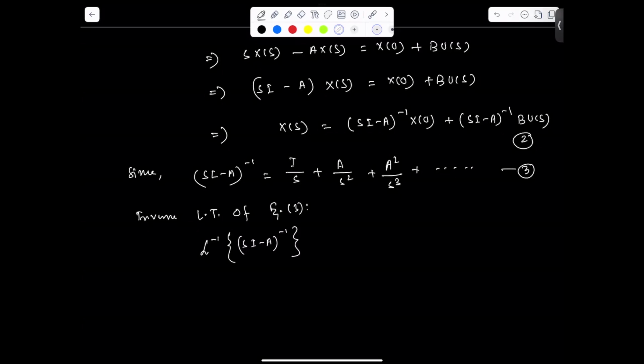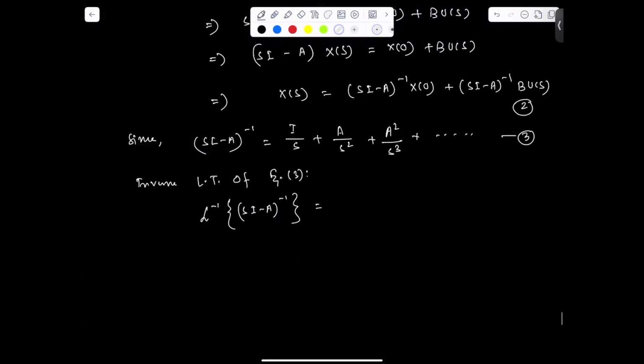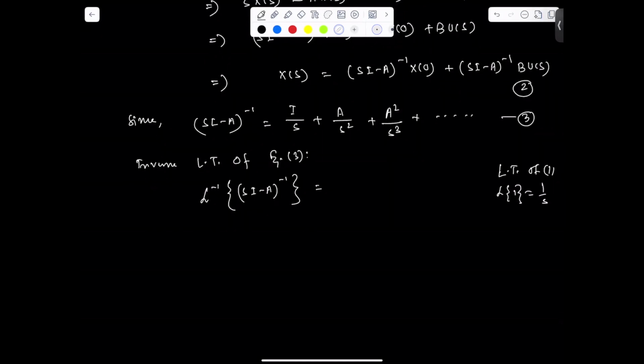So 1 upon s becomes 1, because it is the Laplace transform of 1. So I upon s will be I, plus At, plus A squared t squared by 2 factorial, plus A cubed t cubed by 3 factorial, and so on.